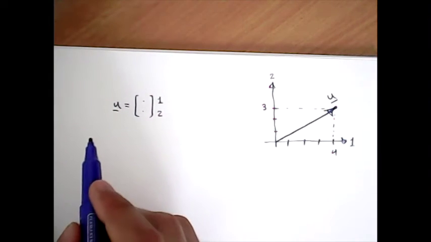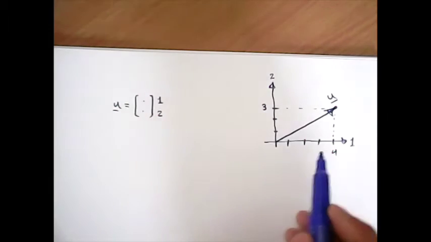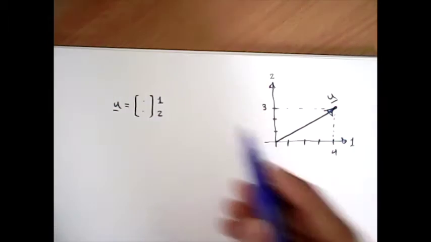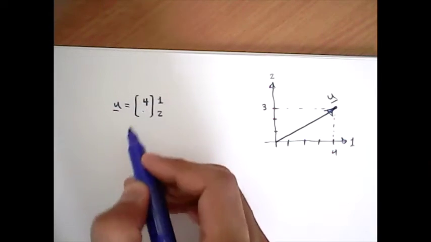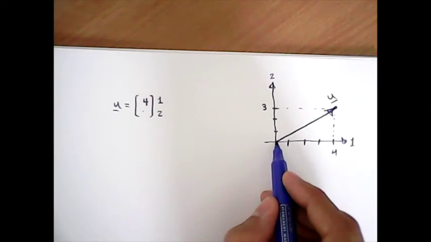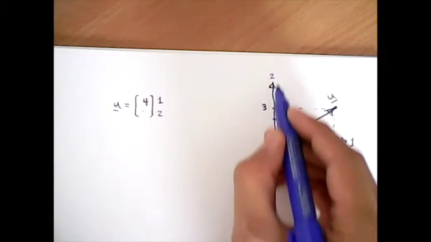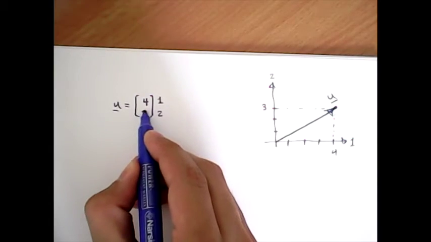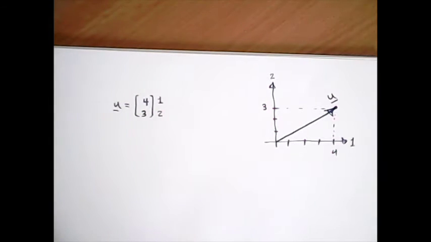So let's see, the component of U along axis 1 is 4, as we can see here. So I'm going to put 4 in here. And the component of U along axis number 2 is 1, 2, 3. There it is. That's how we define our vector.